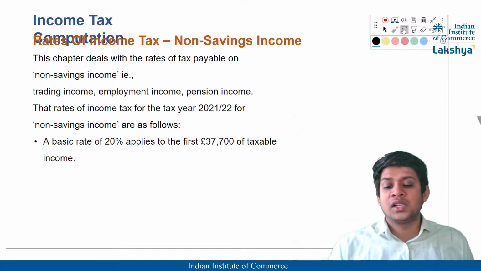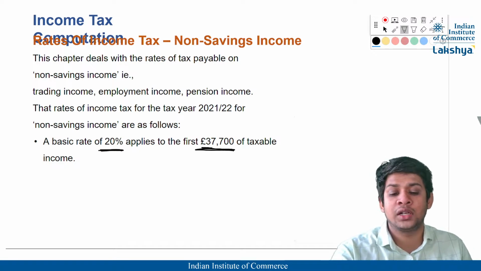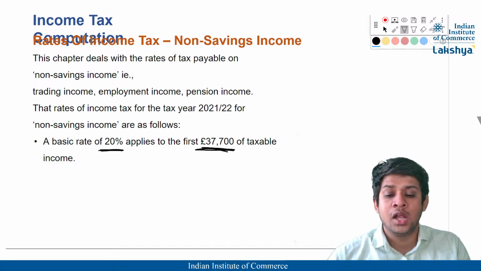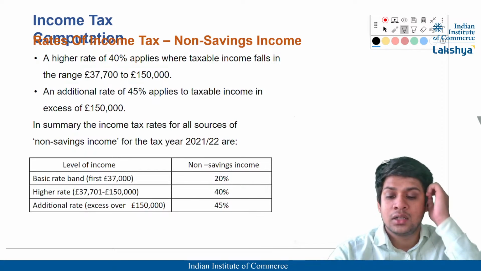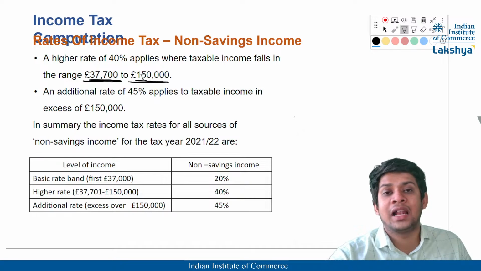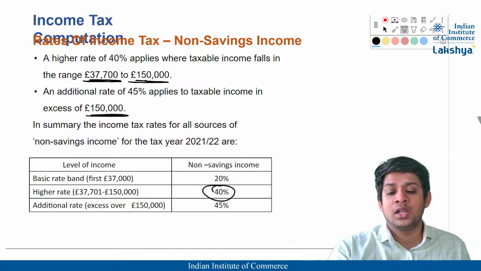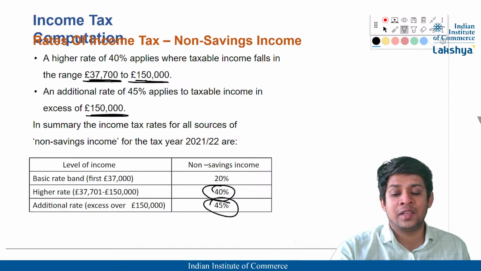So firstly, 20% tax is charged up to an income of 37,700 pounds. If your income exceeds that but is up to 150,000 pounds, then 40% will be charged. If it's greater than 150,000 pounds, then 45% will be charged.